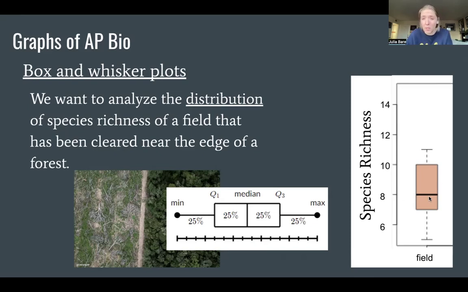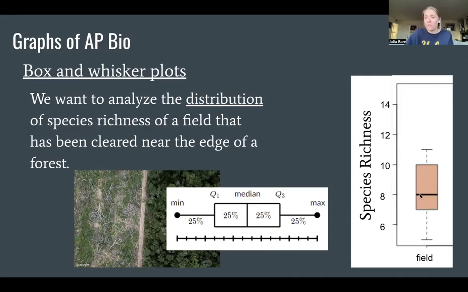The median number of species richness, meaning the number of species in that area, is 8 species. Let me say that again to clarify. When you've surveyed these fields, the average or the median number of species was 8 species.